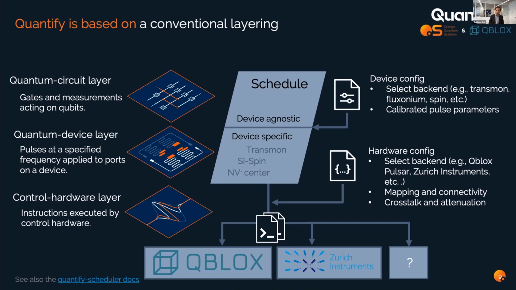Also, it's very important for us that we're able to use control electronics of different manufacturers. So currently we have a backend for both the EQuS hardware as well as for the Zurich Instruments hardware, both of which are used in experiments. And we're also planning on extending this with different manufacturers.